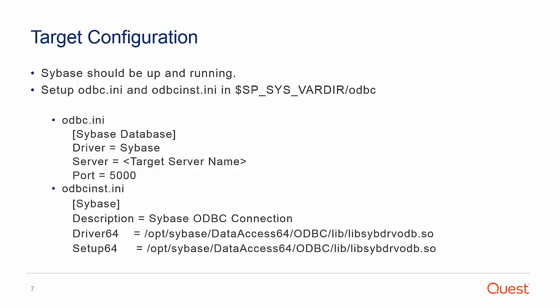Also, as in this slide, make changes to the odbcinst.ini file for SharePlex to reflect the current environment. Set the driver64 and setup64 parameters in the odbcinst.ini file to reflect the Sybase ODBC library paths included in the database installation.